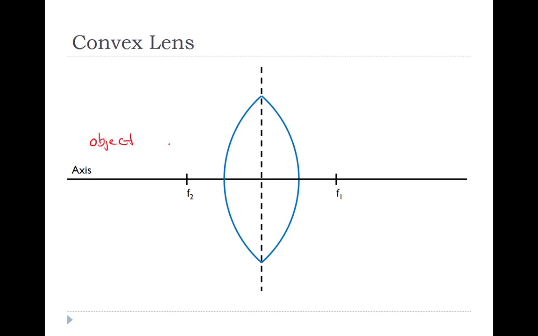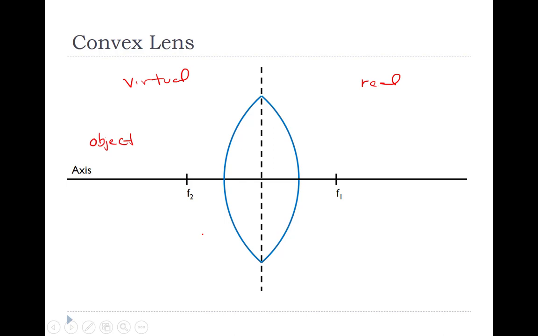Therefore, a real image will be on the right, a virtual image will be on the left. Remember that unlike a mirror, the whole purpose of a lens is to pass light through it. Mirrors are designed to reflect. Lenses are designed to refract. Therefore, a real image will be over here, and a virtual image will be over here.